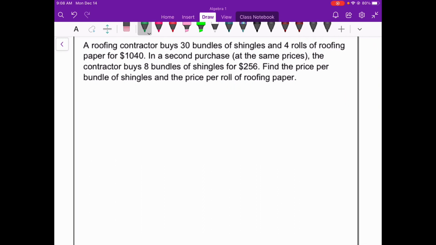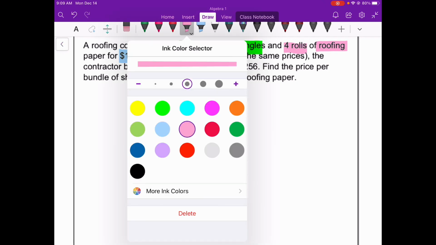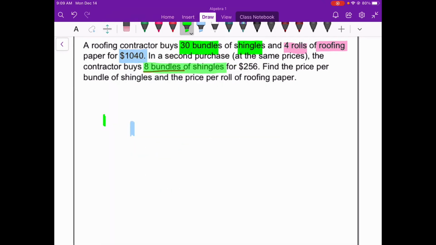So this problem says a roofing contractor buys 30 bundles of shingles and 4 rolls of roofing for a total cost of $1,040. In the second purchase at the same prices, the contractor buys 8 bundles of shingles, for $256.